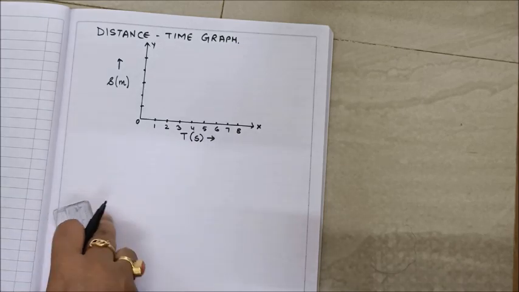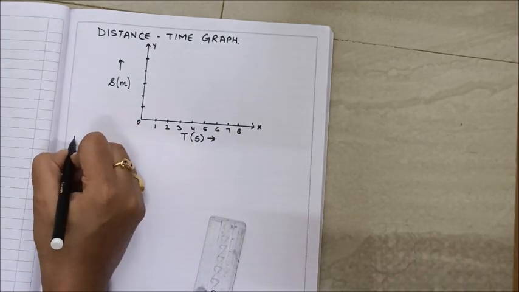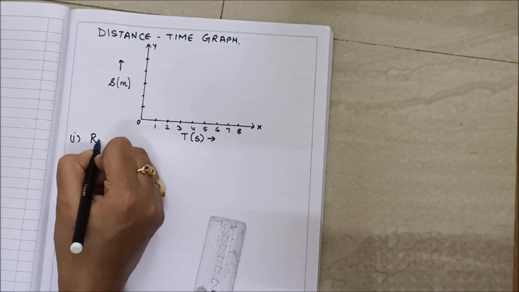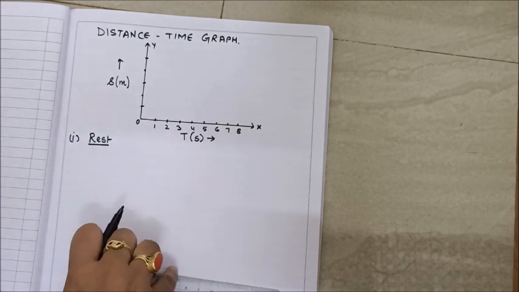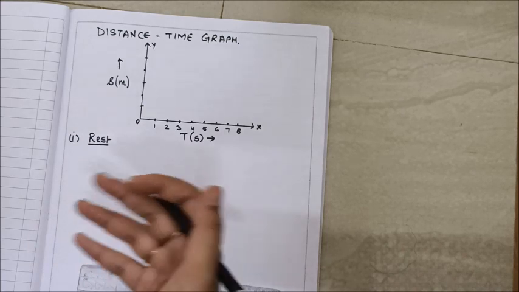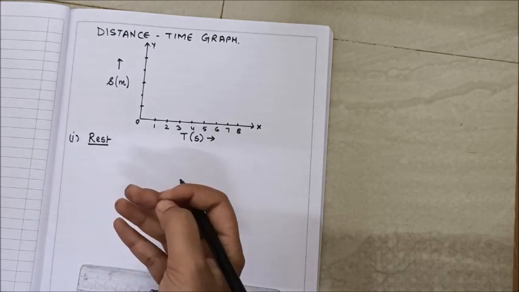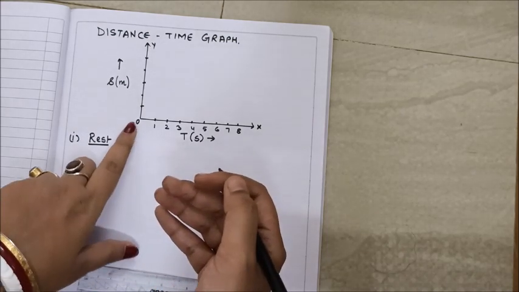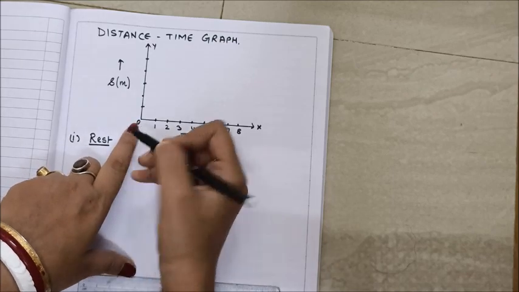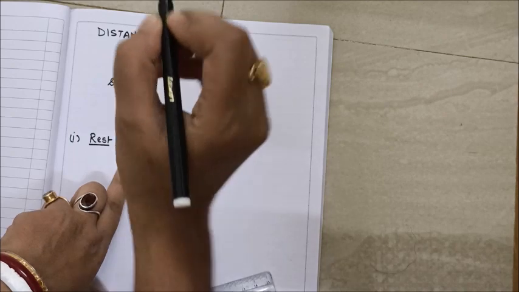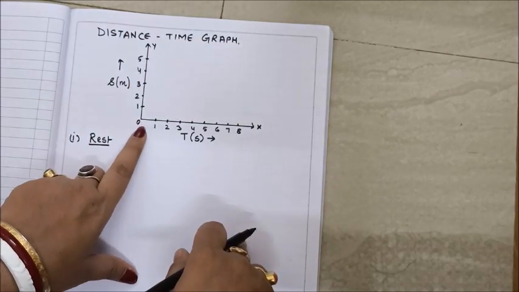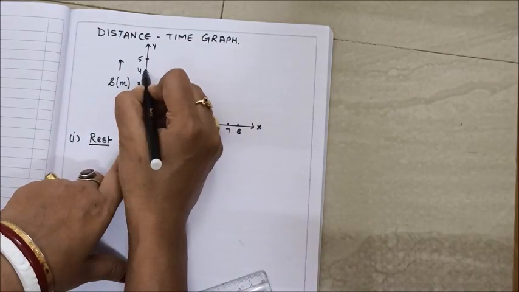Now, when we need to plot the very first case, the case when the object is at rest. Rest means with respect to the reference point, the object has not moved from its distance. It is continuously standing on the same position. So, for example, if I take the distance of the object from the origin to be 4 meters.